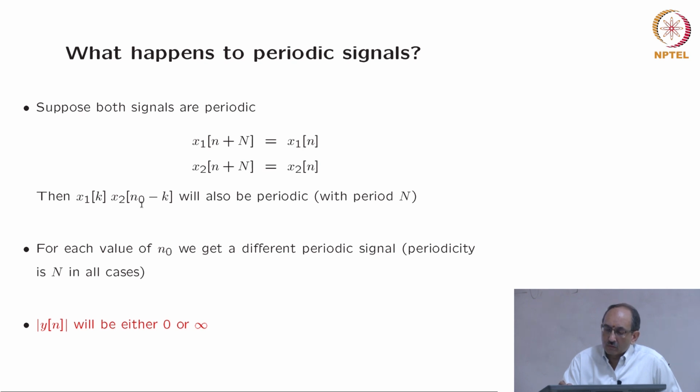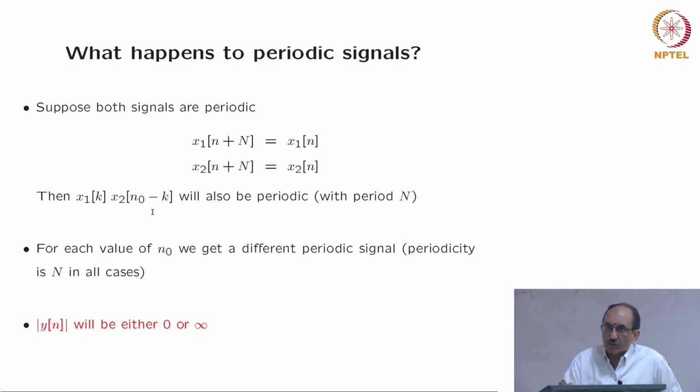For a particular value of n naught, this also will be periodic with period cap N, because you are going to take one sequence, keep it as it is, take the other sequence which is periodic, reflect it, it will continue to be periodic, shift it, it will still be periodic, and hence the product also will be periodic with the same period.